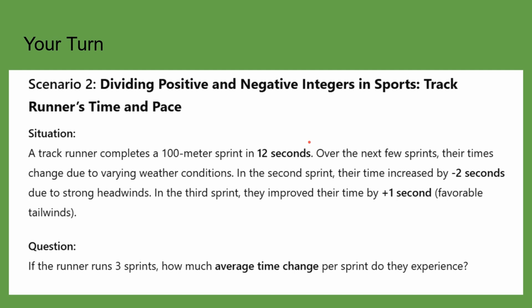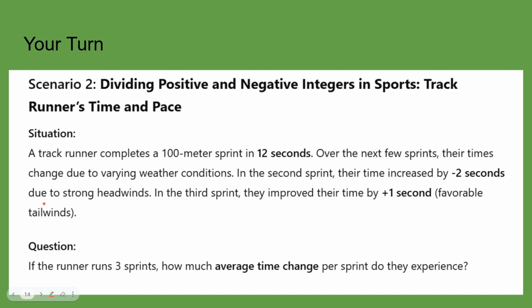And for our scenario 2, still on sports, but this time this is track runner's time and pace. The situation would be a track runner completes a 100-meter sprint in 12 seconds. Over the next few sprints, their times change due to varying weather conditions. In the second sprint, their time increased by negative 2 seconds.